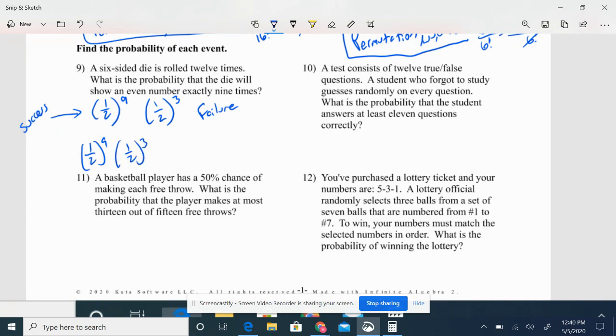And also, it doesn't tell me I have to fail the first time or the second time or the third time. It just says I have to succeed 9 times. So I'm going to look at 12 choose 9. Now, what's 12 choose 9? It's 12 factorial over 3 factorial, 9 factorial.